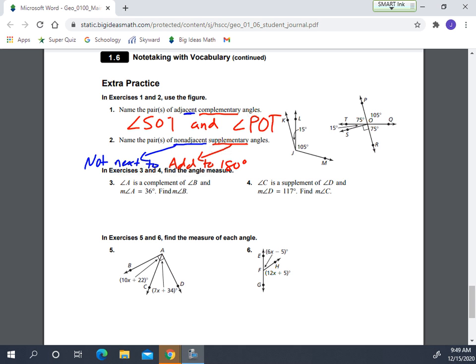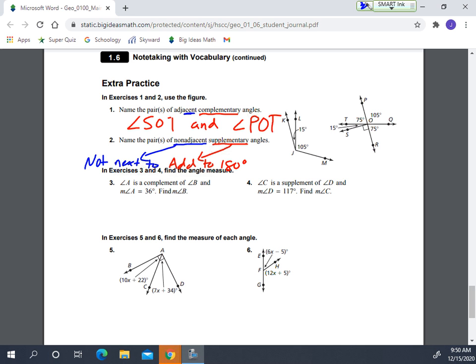So, we need something that's not next to each other and adds to 180 degrees. For example, adjacent supplementary angles would be something like 75 and 105, right? They're next to each other, they add to 180 degrees. We want something that's not next to each other.